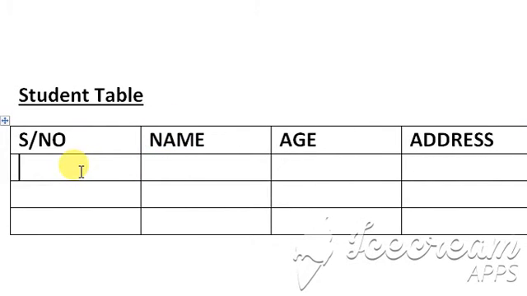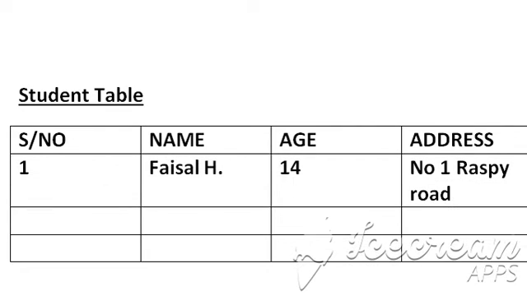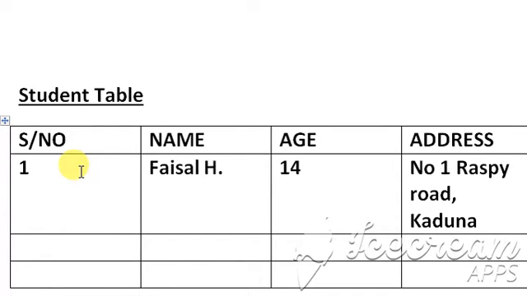Then you can come here, you click, you enter your first number, name, age, let's say we have 14, address, let's say we have number 1, then class, let's say we have GSS1.